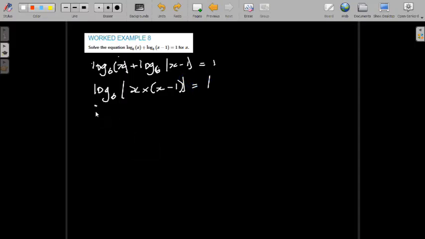If I do that, and I'll expand those brackets. So x times x gives me x squared. Take x equals 1.